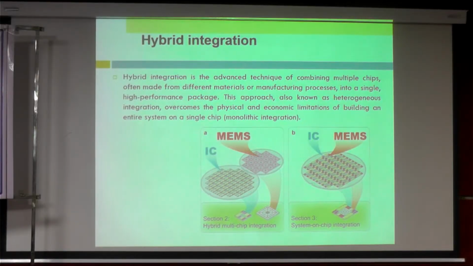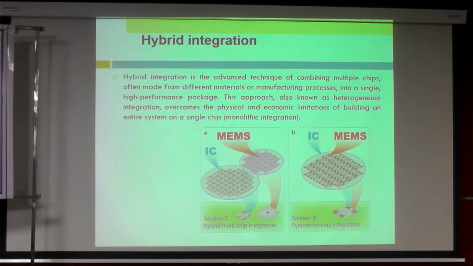So, hybrid integration. What is hybrid integration? Hybrid integration is a more advanced technique of combining multiple chips, often made from different materials or manufacturing processes, into a single high-performance package. This approach, also known as heterogeneous integration, overcomes the physical and economic limitations of building an entire system on a single chip, or monolithic.